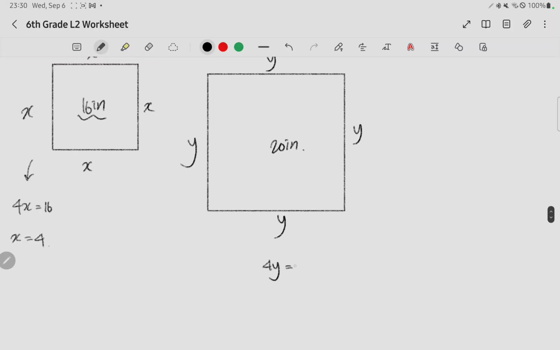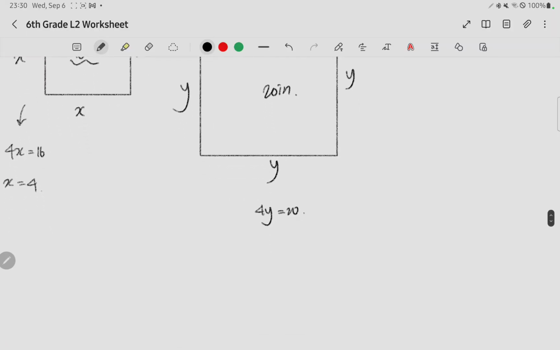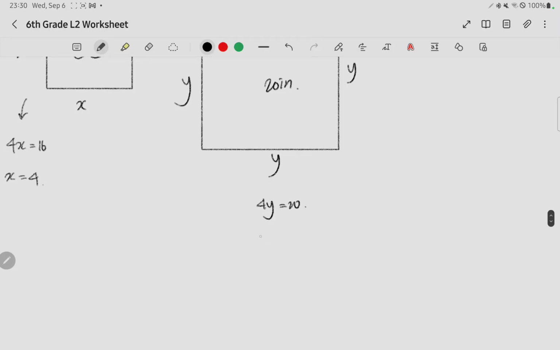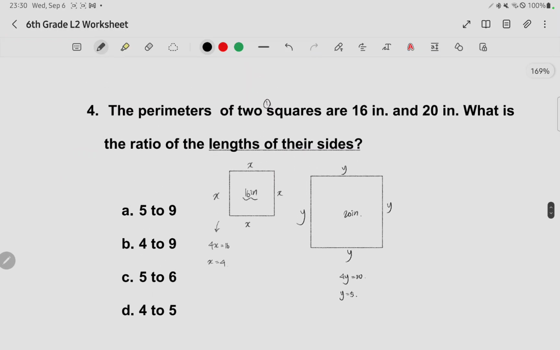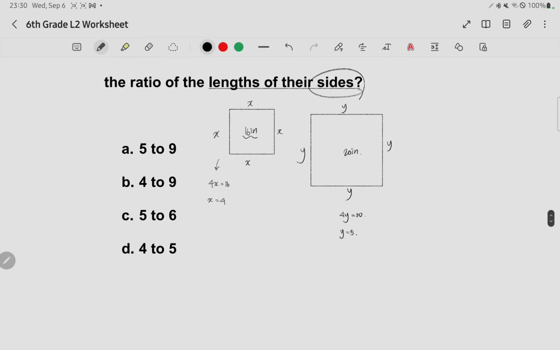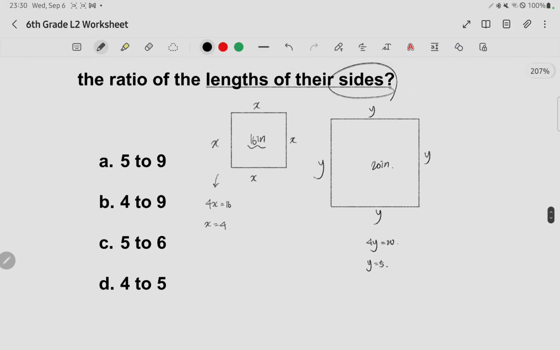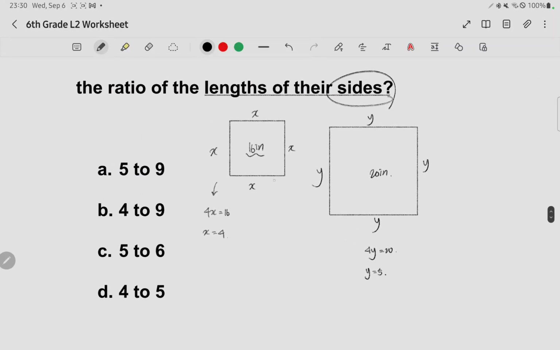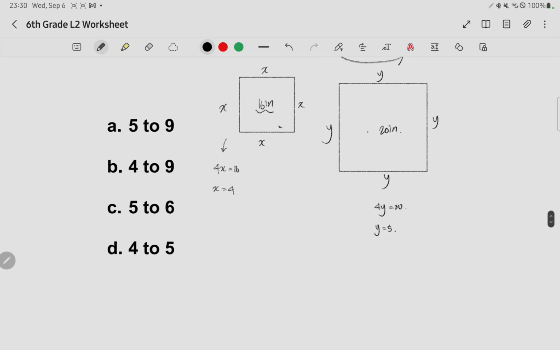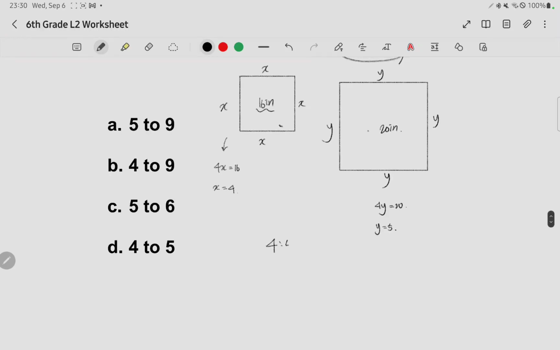So we have 4y is equal to 20. Again, 20 is the perimeter. We get y is equal to 5. Then it's asking for the ratio of the lengths of their sides. Okay, I guess they're just asking for the square to square. So it would be 4 to 5, which is gonna be D.